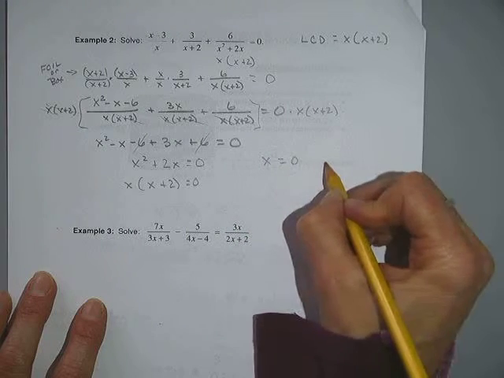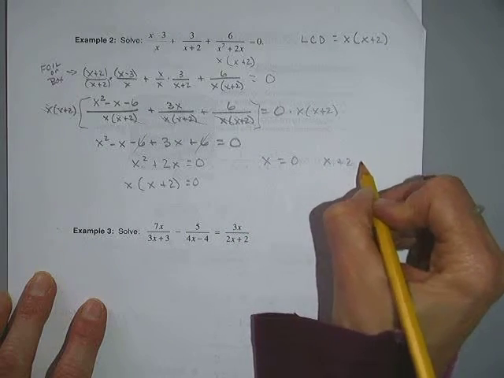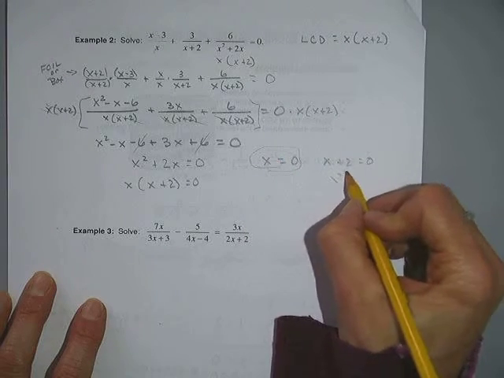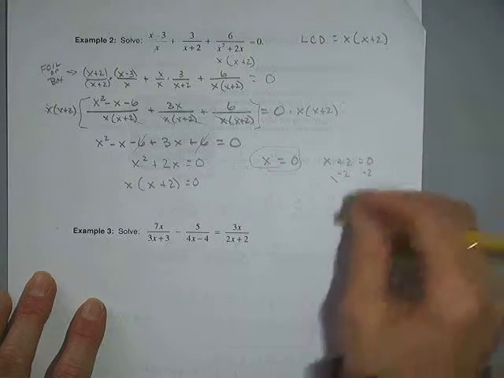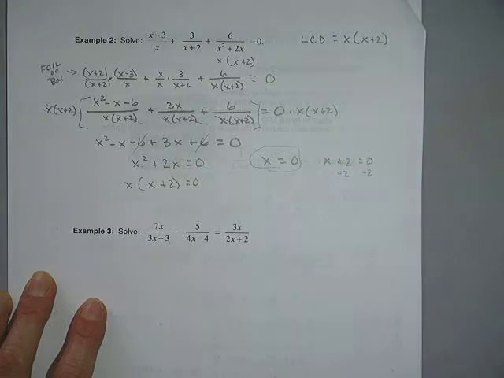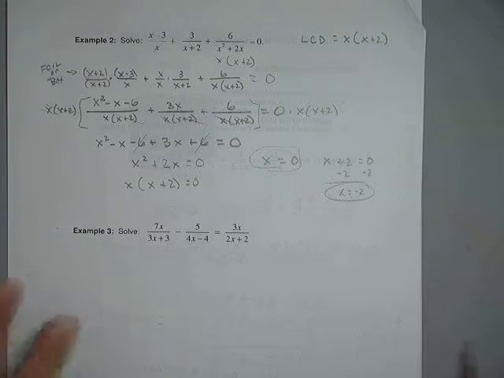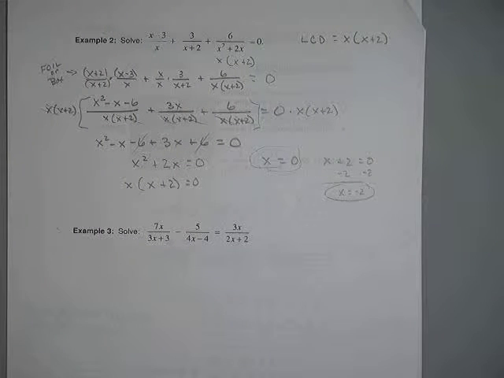What did I say you need to do with the factors? Set them equal to 0. So, x equals 0, and x plus 2 equals 0. Now, I've got two different answers right there.